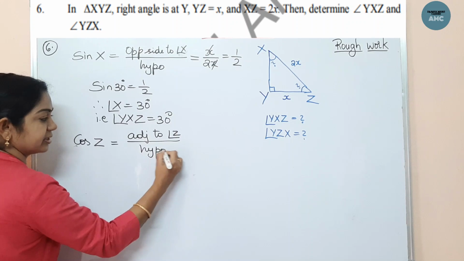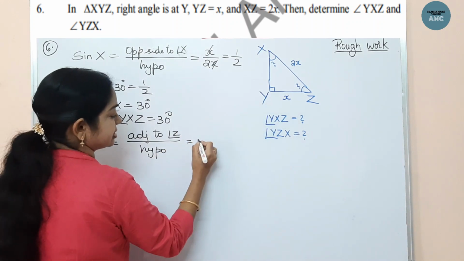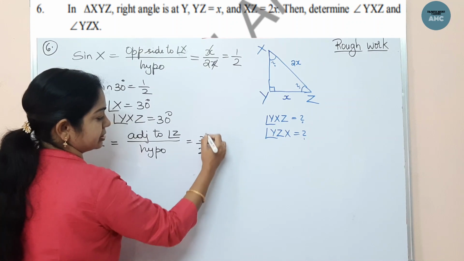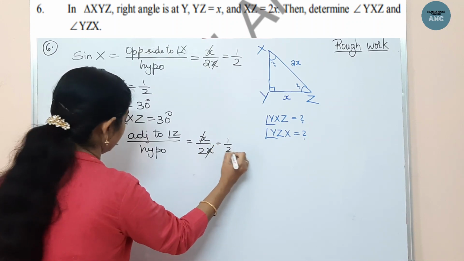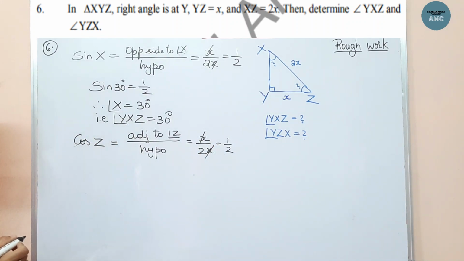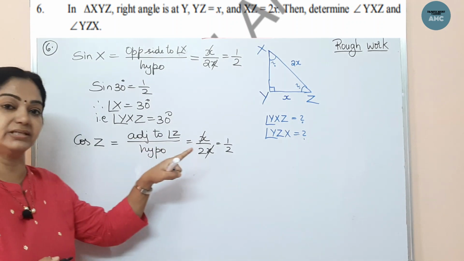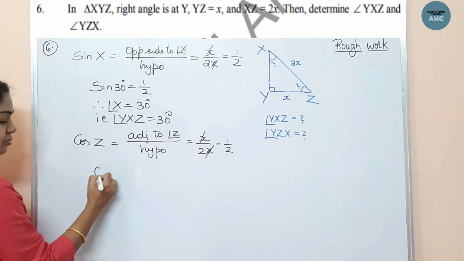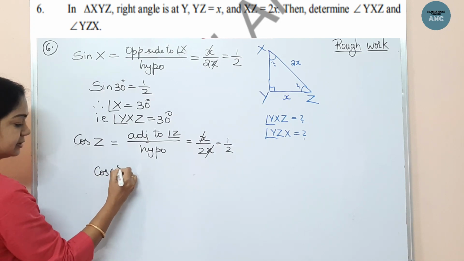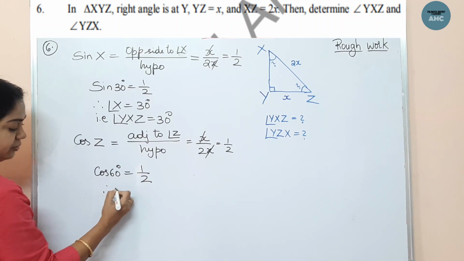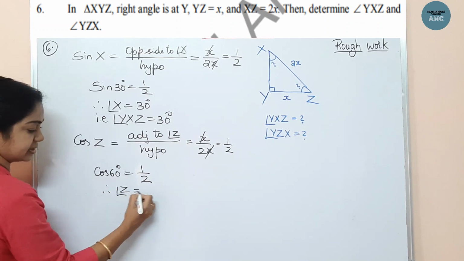That is x units and 2x. Cancel off, so 1 by 2. Now what cos value is 1 by 2? Cos 60 degrees is 1 by 2. Therefore angle Z is 60 degrees.